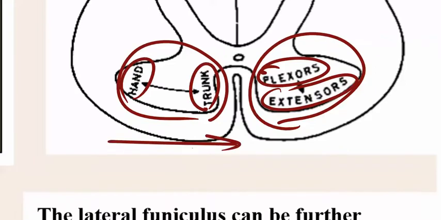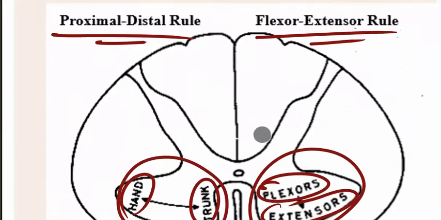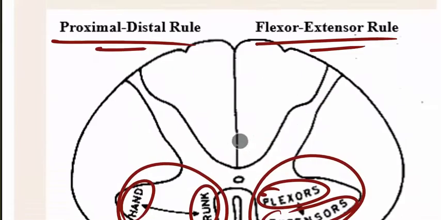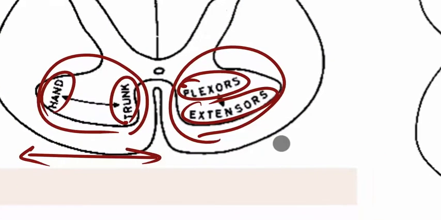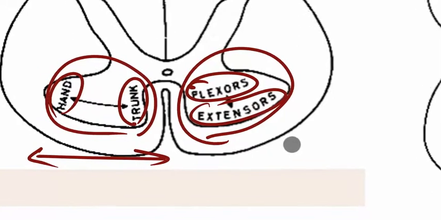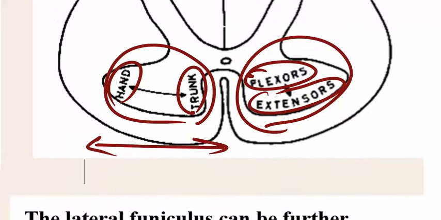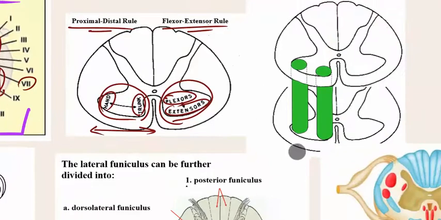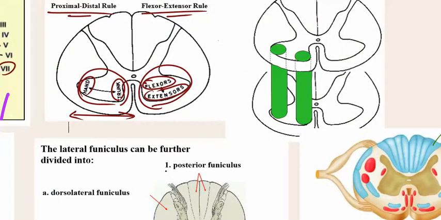So there is a proximal distal rule, and then there is the flexor extensor rule. Yeah. So flexor extensor, trunk, hand. Another thing about these motor neurons: they're going to be found in groups, right?